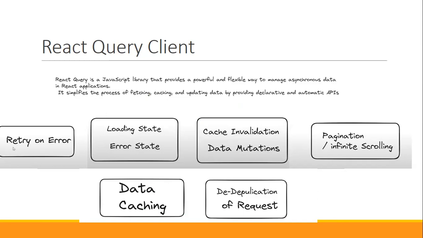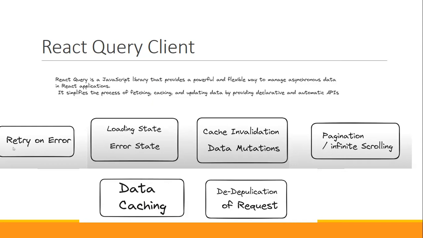Okay, so what are the different facilities provided by React Query? Loading state and error state are handled and managed. You don't need to set loading is equal to true initially, and then once it gets loaded, manually set loading is equal to false, right?